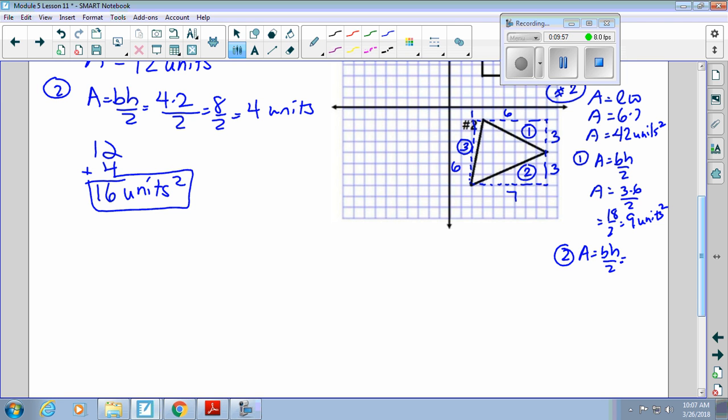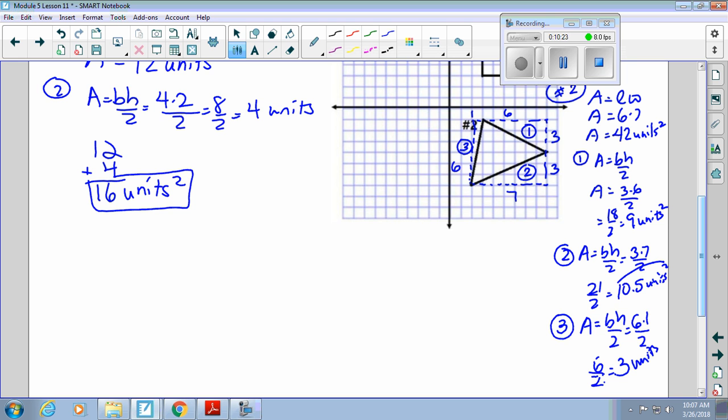You're going to get 3 times 7 divided by 2, which is 21 divided by 2, or 10.5 units squared. And lastly, we have the area of the third triangle, which is base times height divided by 2. We're going to get 6 times 1 divided by 2, which is 6 divided by 2, or 3 units squared.